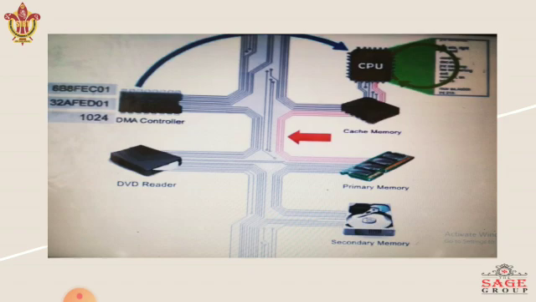the DMA controller notifies the CPU to release its control over the data bus to access the DVD reader directly for read purposes. This mechanism of stealing the data bus from the CPU and using it for the data transfer between memory and the input-output device is called cycle stealing.